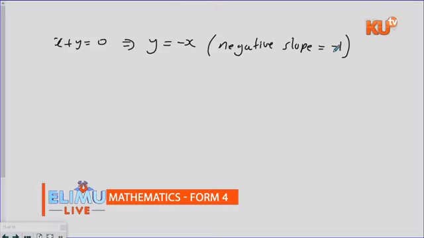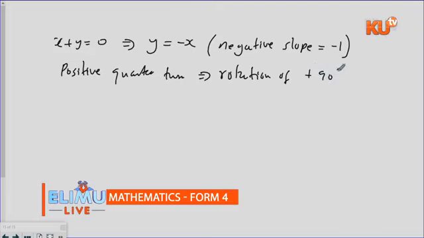So if we carry out this reflection on that line, it is then followed by a positive quarter turn about the origin 0, 0. It means we rotate by plus 90 degrees about the point 0, 0, the origin.